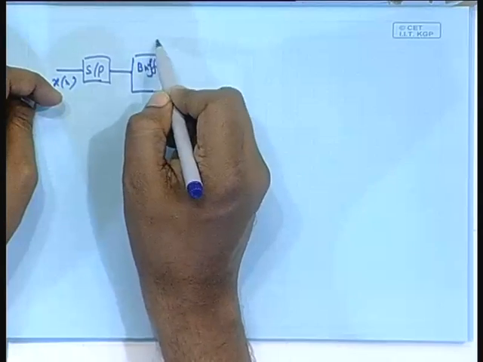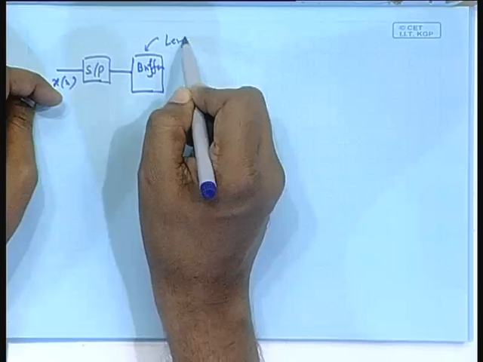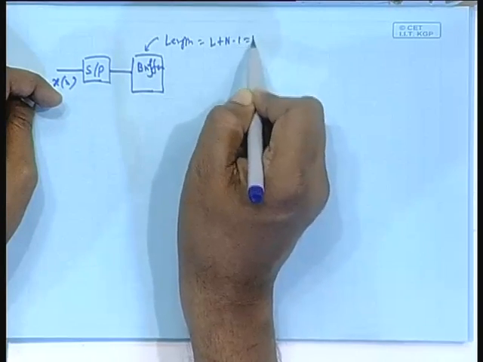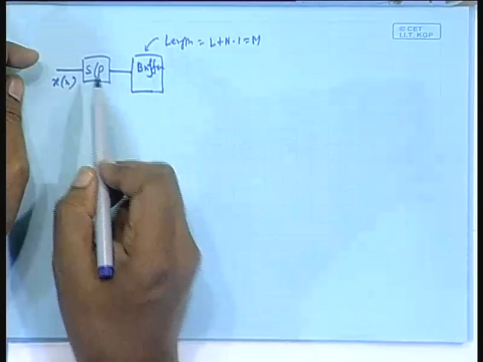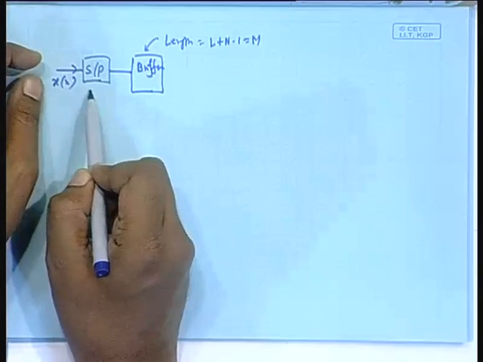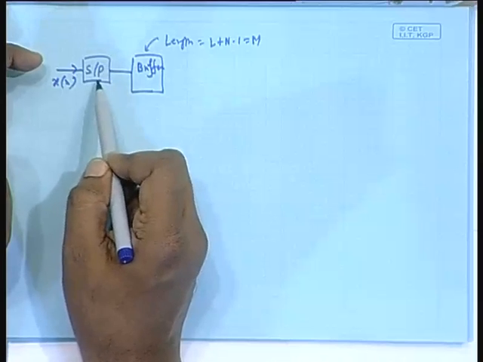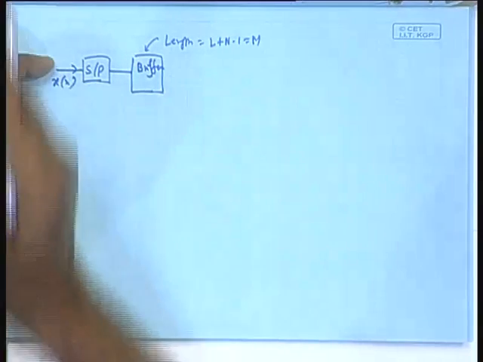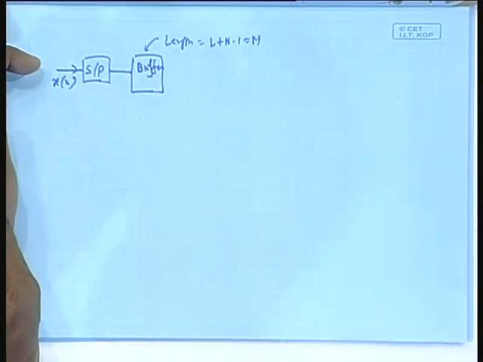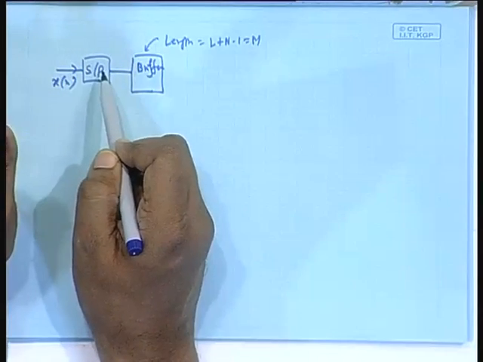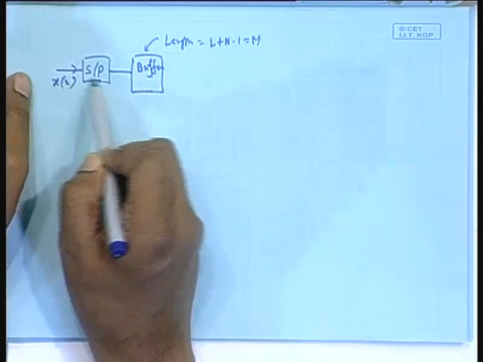Buffer length here is equal to L plus N minus 1 equal to M. Actually, one should not use this serial to parallel, because serial to parallel you use in the context of binary bits. I do not know why he adds it, it should not be there according to me, because you just simply store the data in a buffer.